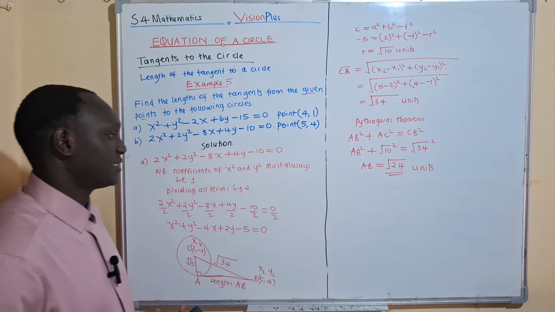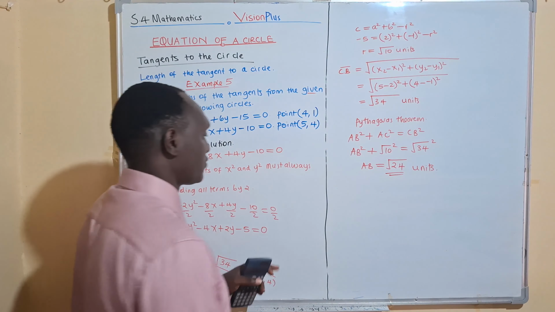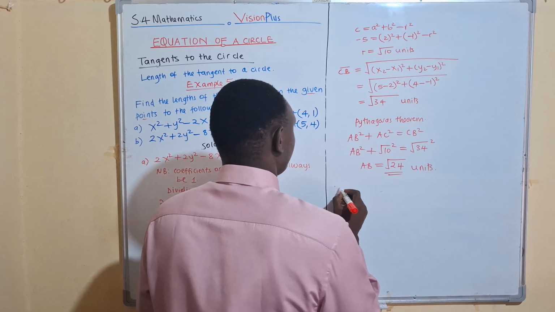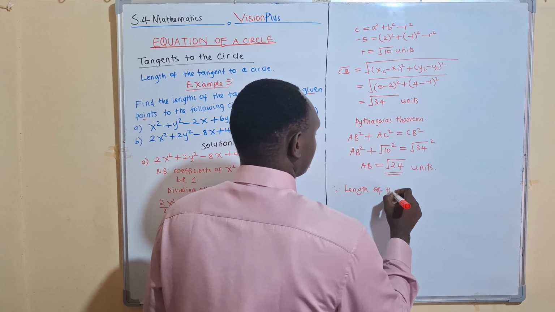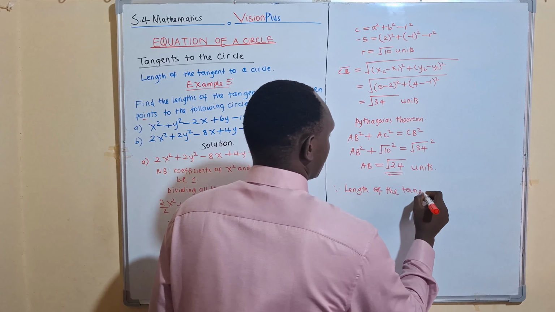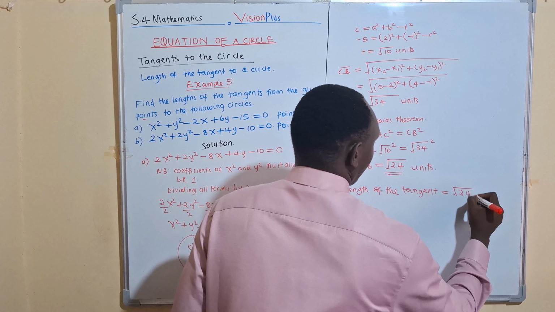Now that is the length AB, and that is the length of the tangent from point B. Therefore, the length of the tangent, which in this case we have called AB, is root of 24 units.